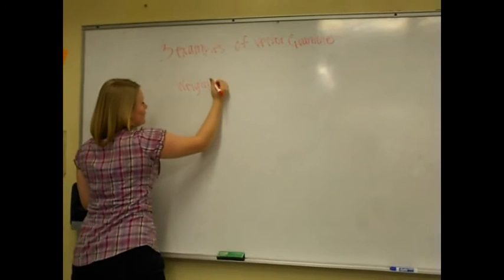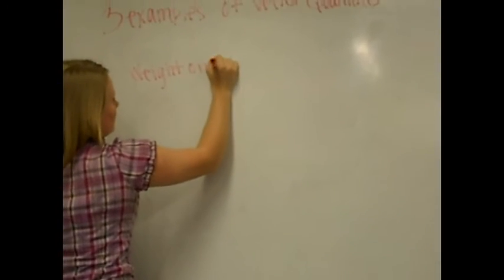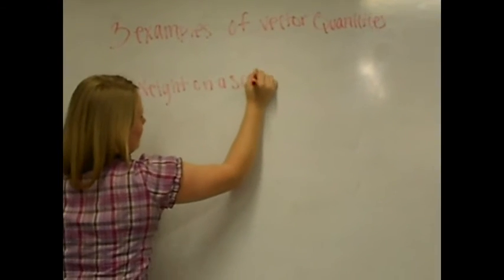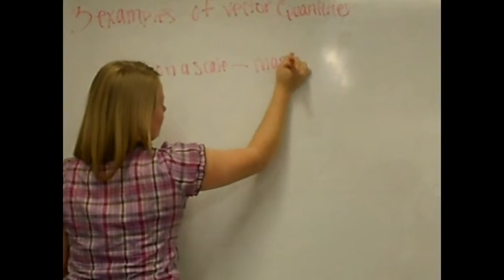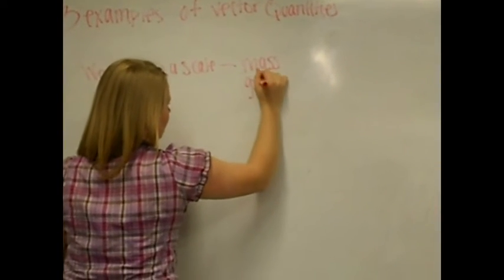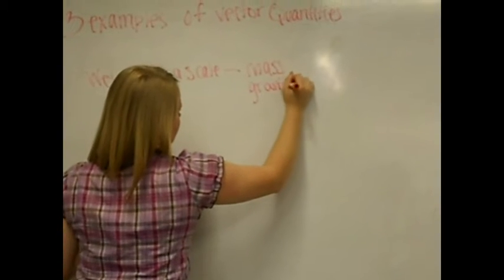Weight on a scale is a vector quantity because the person has mass and the pull of gravity, acting as its distance and direction.